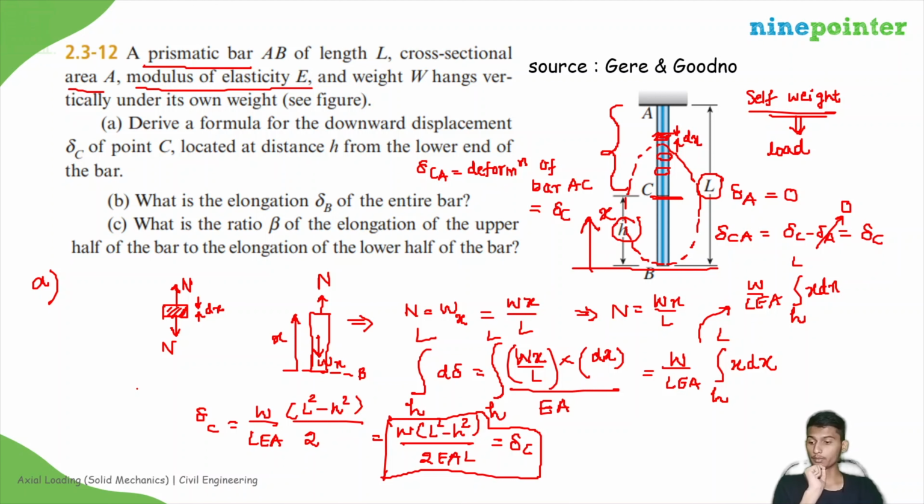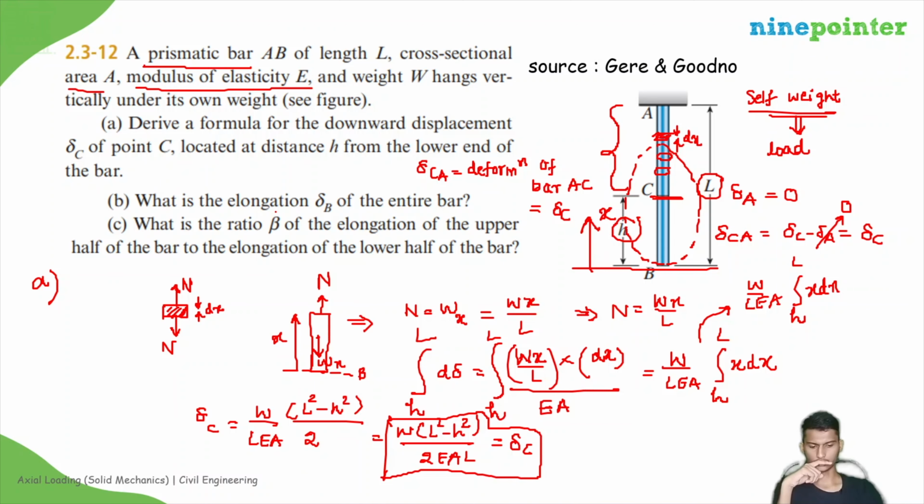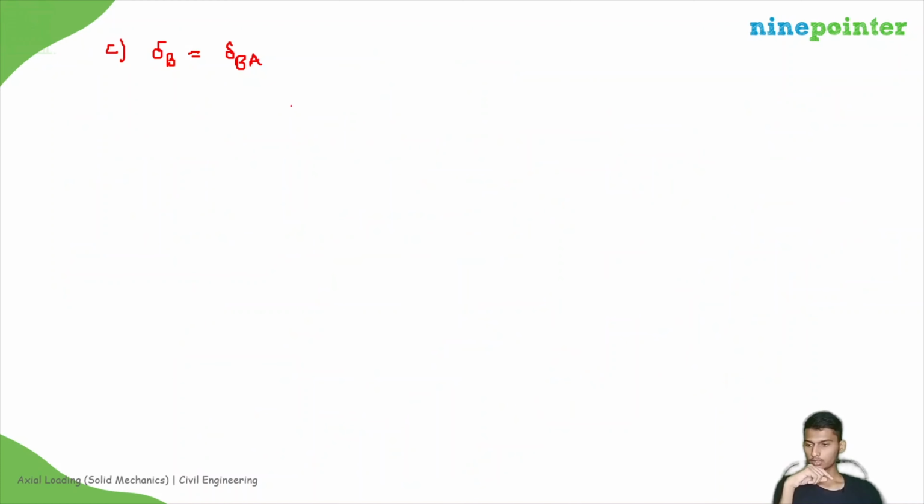Let us go to part B. Part B asks for the elongation delta B. What is delta B? Delta B is nothing but delta BA, which is delta B minus delta A. Delta A is 0, so it is equal to delta B. And we already have the formula, d delta is equal to W by L E A x dx.